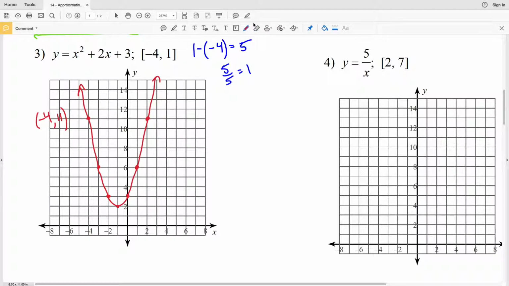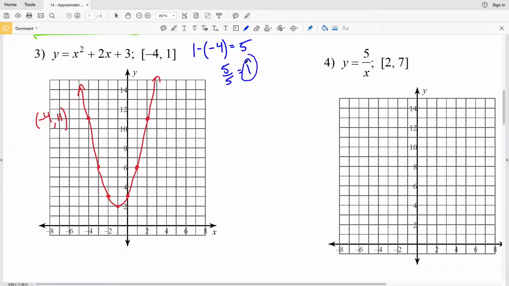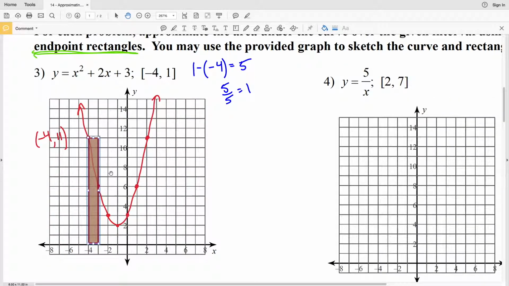Now I'm just going to need to draw my rectangles. And remember, we're going to have 5 rectangles that are left-handed rectangles, all with an interval of width 1. And since they're left-handed, they're starting at that lower interval on the left-hand side. So my first point was negative 4, 11. So now I'll draw my first rectangle there.